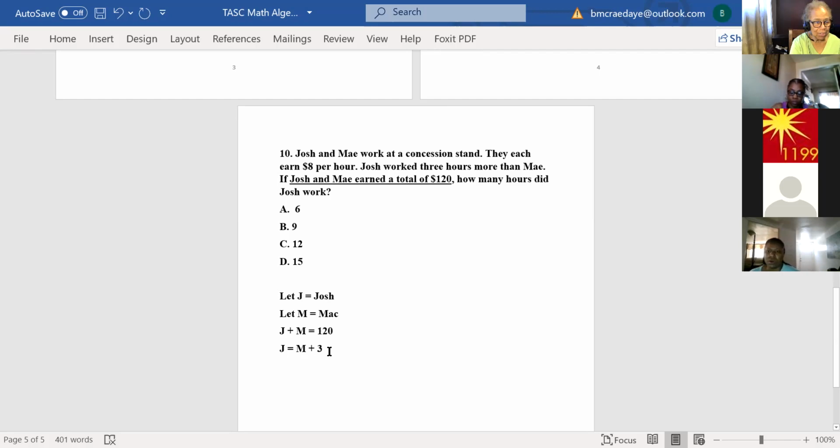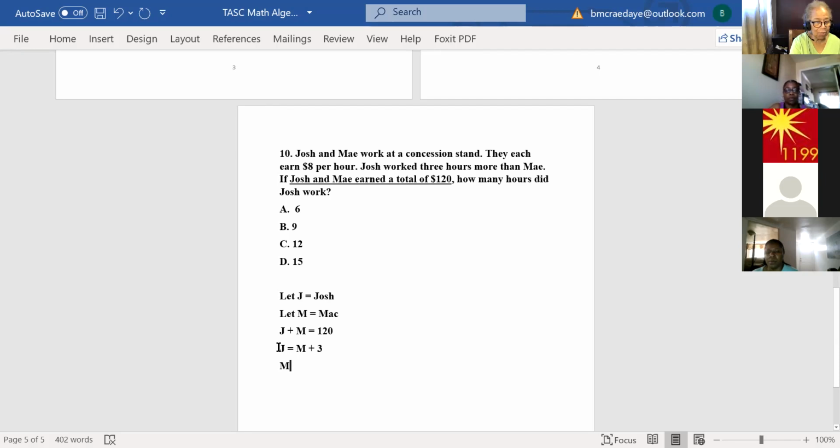Let's take this equation and make it M, because that way we could have just our J's, right? So if J equals M plus 3, what's M equal to, Vanessa? No, I just want you to take this equation and solve it for M. If J equals M plus 3, what would M be equal to?